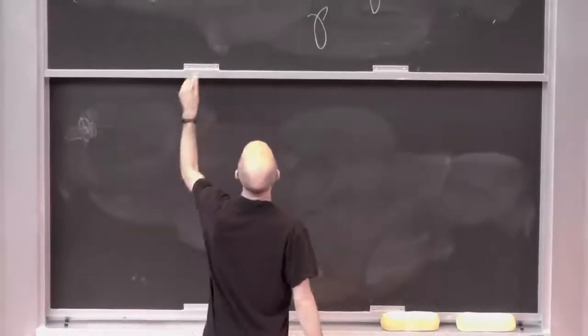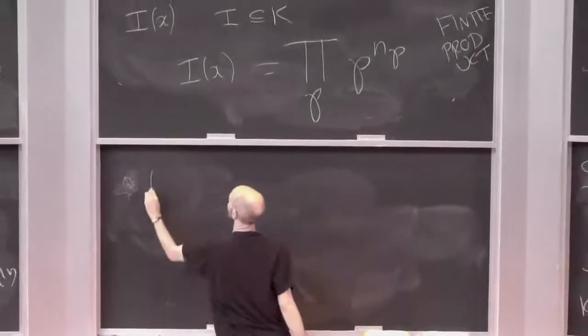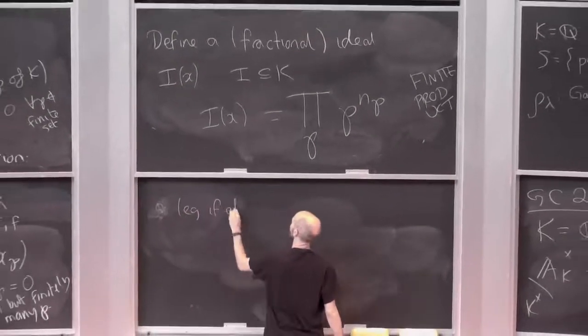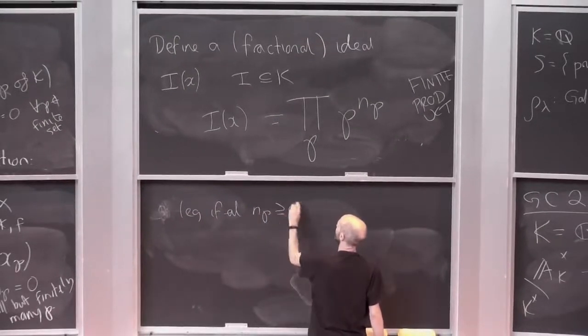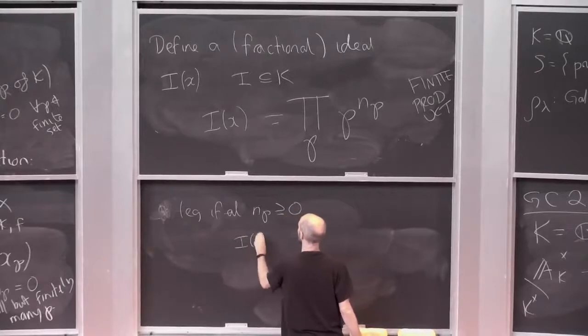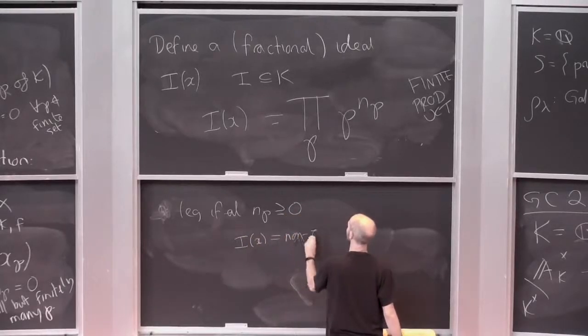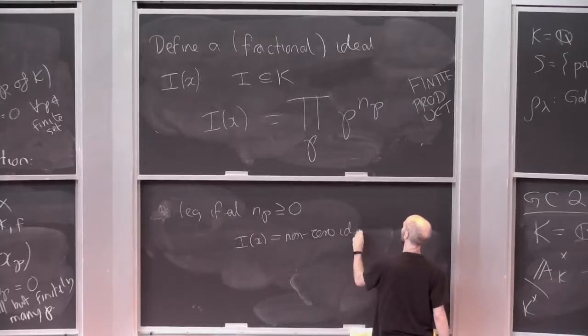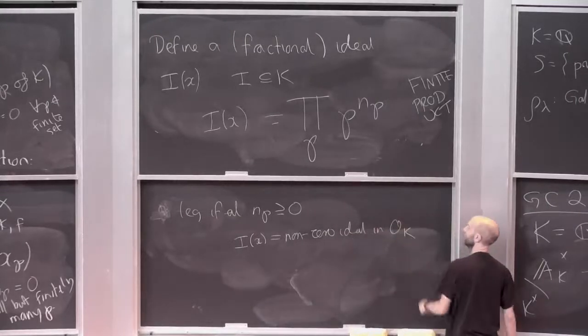E.g., if all the n_p are greater than or equal to 0, then I of x is just a non-zero ideal in the integers of k. It's as simple as that.